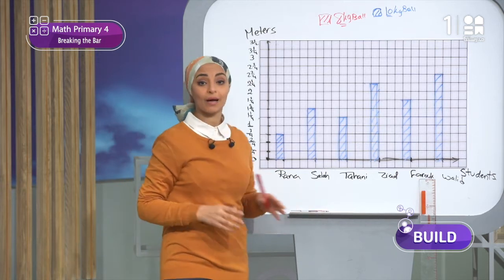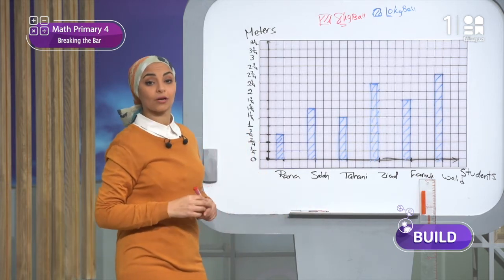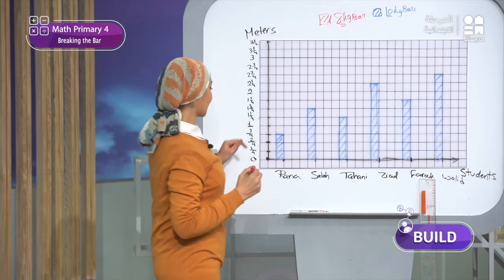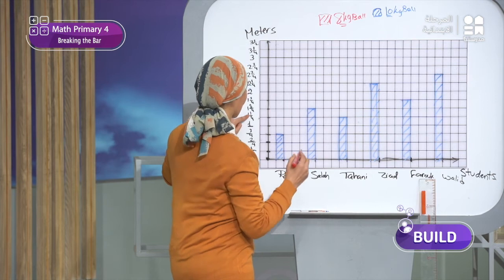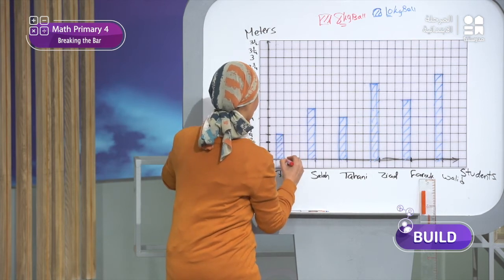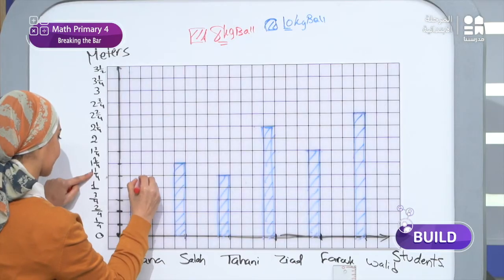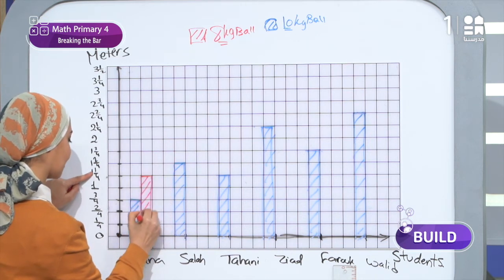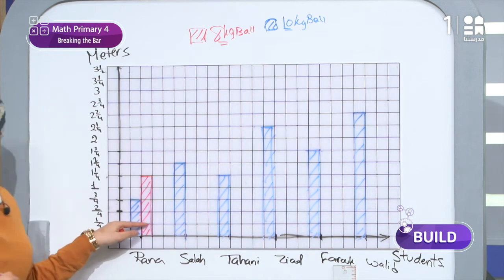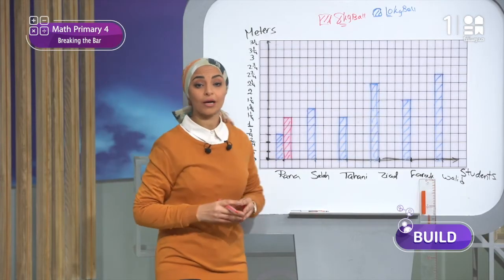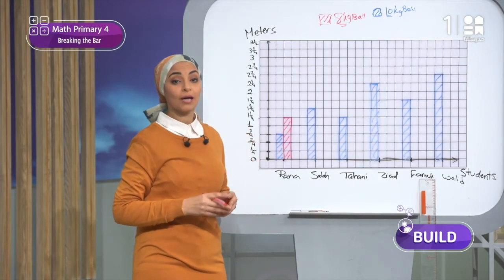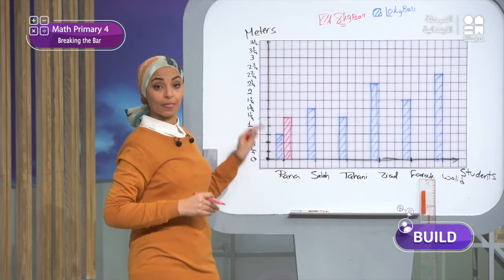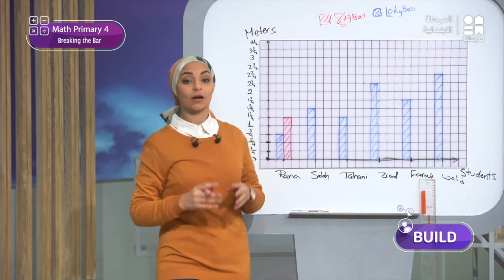Now let's draw Rana's double bar. Rana recorded 1 1/4 meter. So I will go here and draw another bar here in red, to tell the 2 bars apart. Okay? Draw another bar next to her first bar until you reach 1 1/4 meter, exactly as I did. Okay, now draw Salah's double bar.